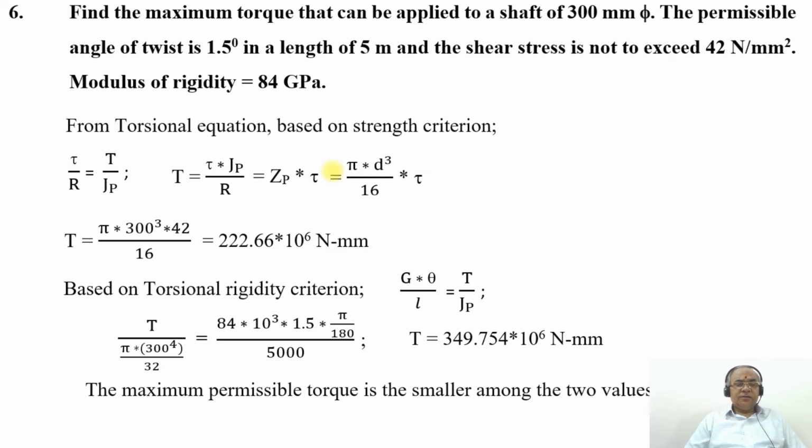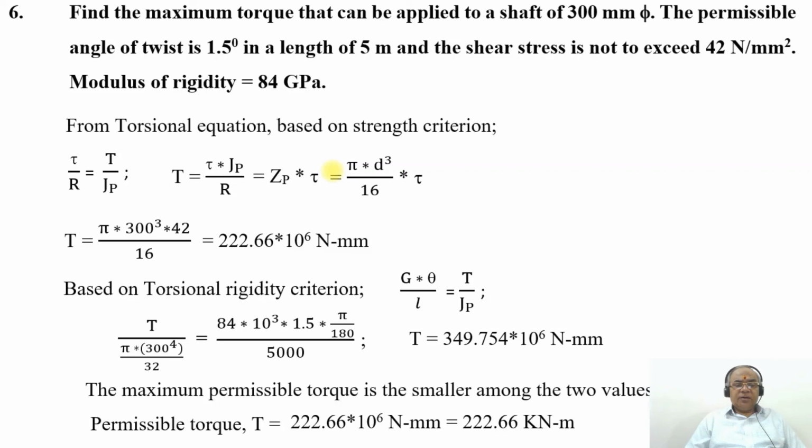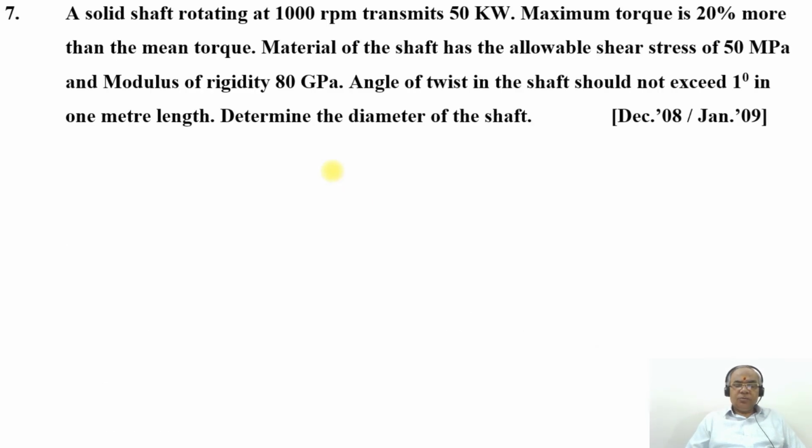The maximum permissible torque is the smaller among the two values. Therefore, the permissible torque T will be equal to 222.66 into 10 to the power of 6 Newton mm, which means 222.66 kilonewton meter. So this is how you will be able to solve this particular problem. Thank you.